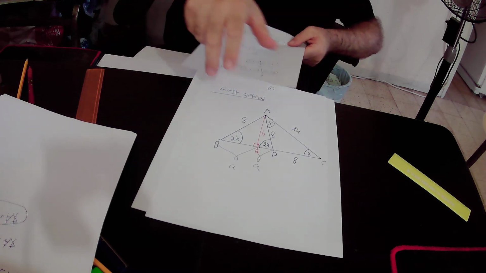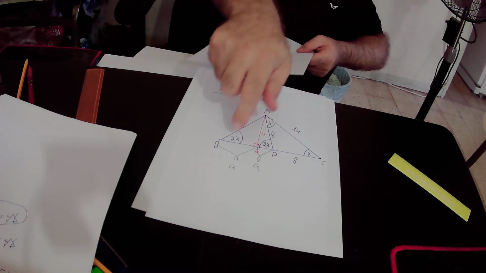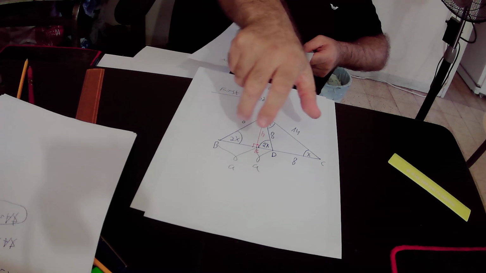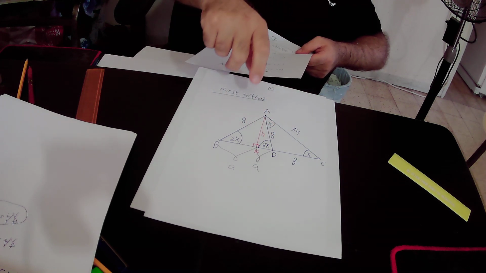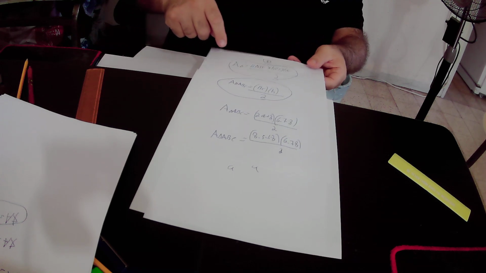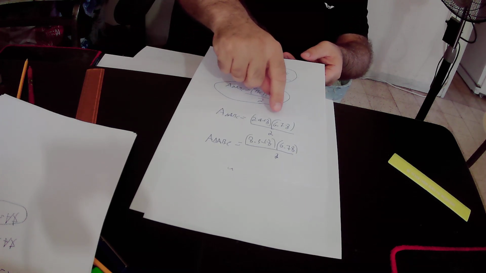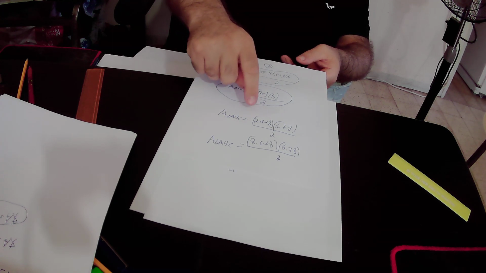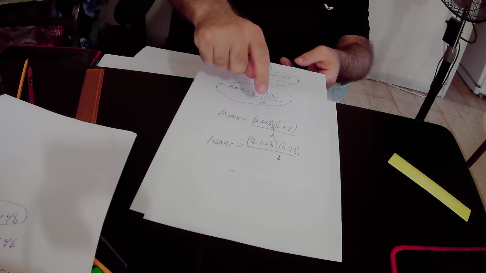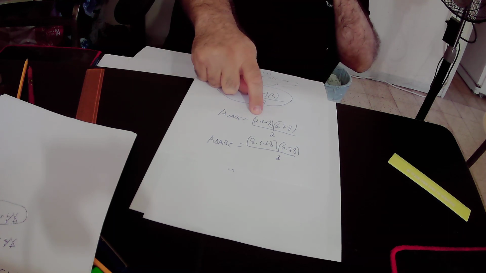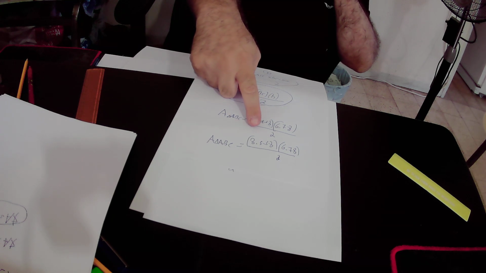What is the value of BC? BC equals A plus A plus 8, or BC equals 2A plus 8, and AE equals H, and we have already found out that H equals 6.78 units, and A equals 4.25 units. So 2 times 4.25 is 8.5.